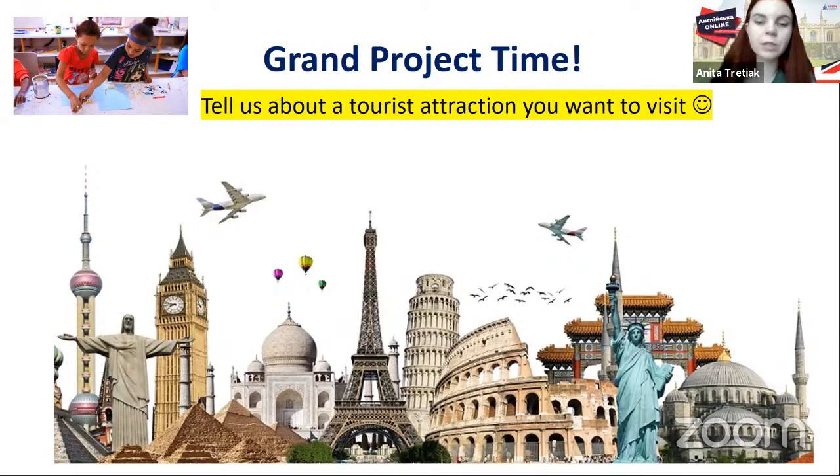You need to finish this by the 19th of August. And the results will be on the 26th of August. The results will be later because we will need to choose the winner. So 2 weeks, you need to tell us about a tourist attraction you want to visit.